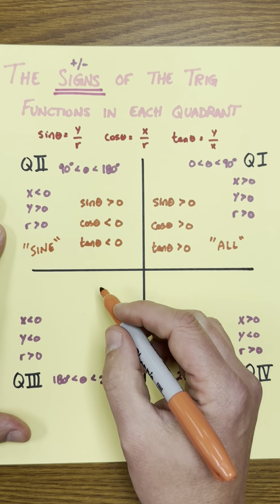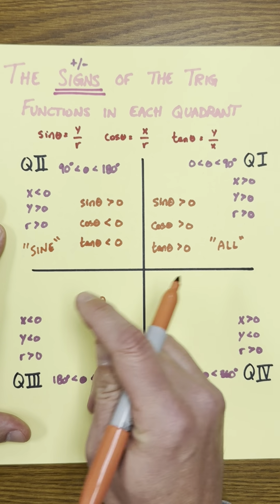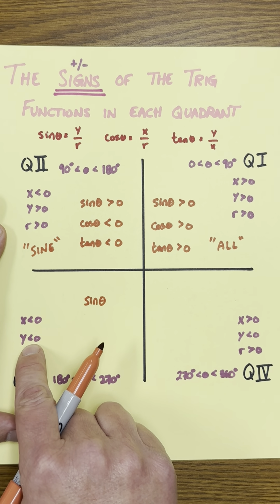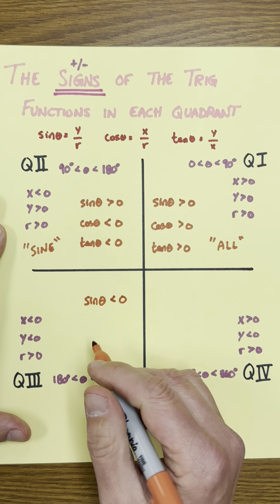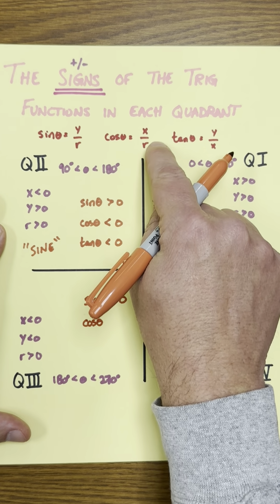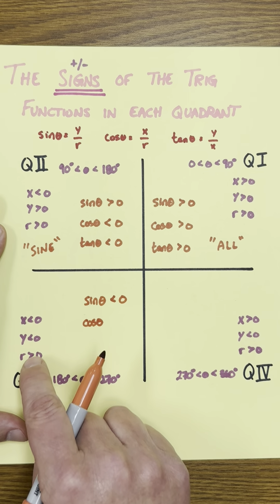Quadrant 3. So here we've got, let's do sine first. Sine is y, and y is negative. So y over r would be less than 0, negative. Cosine, cosine's x over r. So x is negative, r is positive.